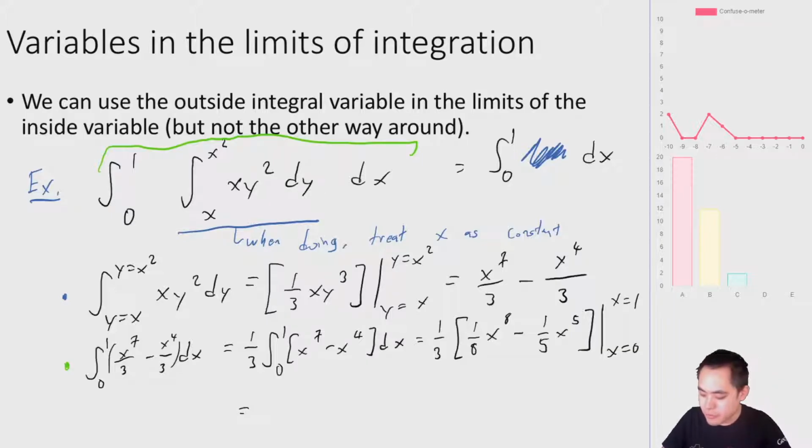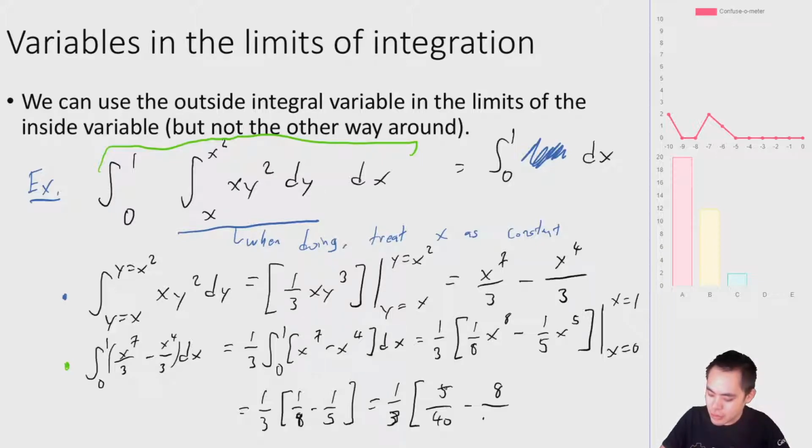And this is just a matter of plugging in numbers. So this is 1/3 times 1/8 minus 1/5. And of course, when x is equal to 0, the entire thing is equal to 0. So if we work this out, this is just solving fractions: 5 over 40 minus 8 over 40. This is equal to 1/3 times minus 3 over 40, which is equal to minus 1 over 40.